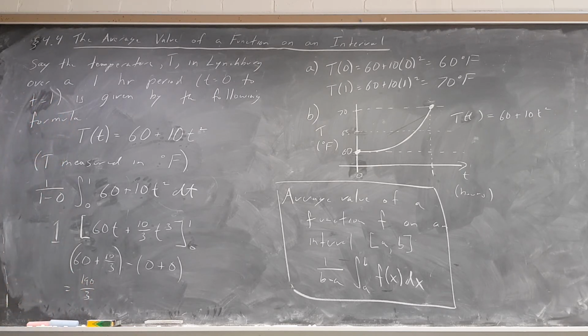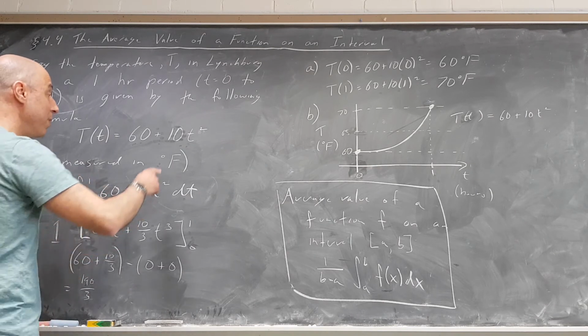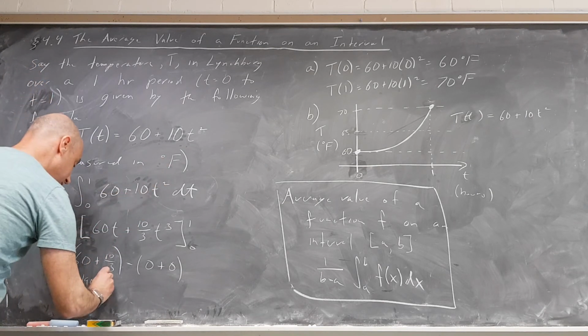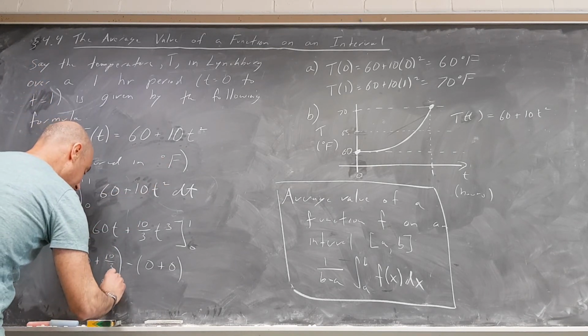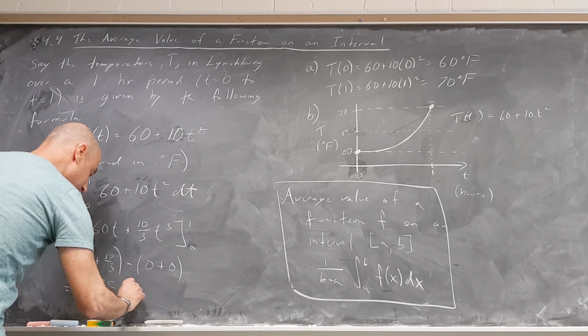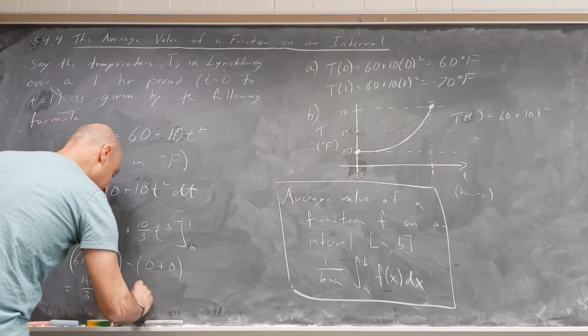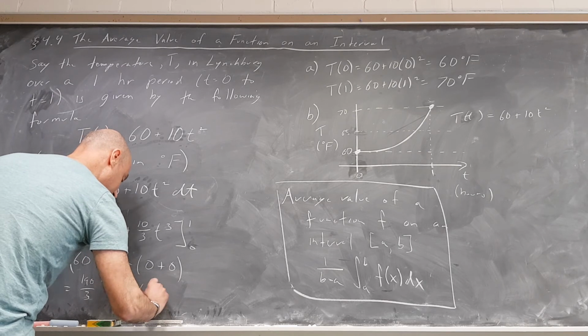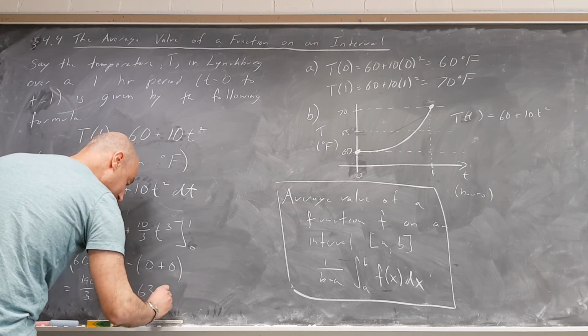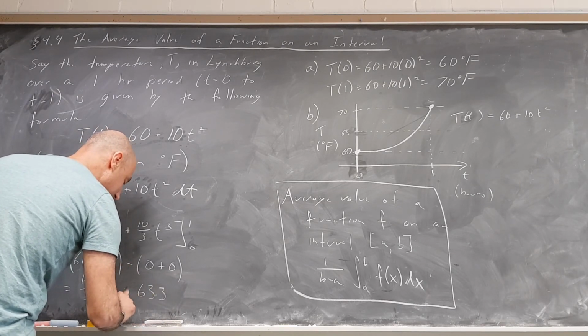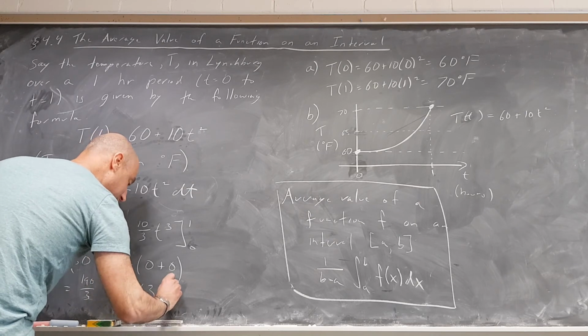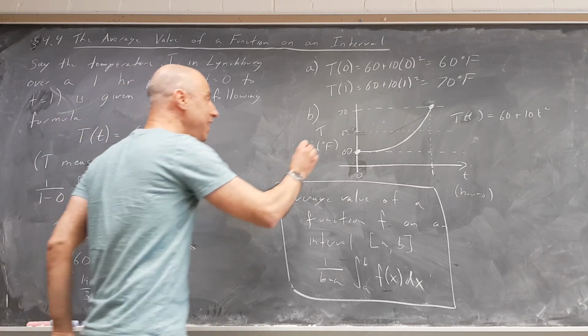Again, if you don't like fractions, don't bother with fractions. We do have units. The units are degrees Fahrenheit. And so this is going to be about 63.3 repeating, if you like, 63.3 thereabouts degrees Fahrenheit. And again, it is below 65.